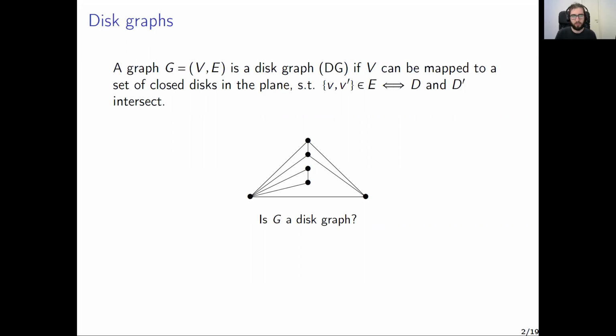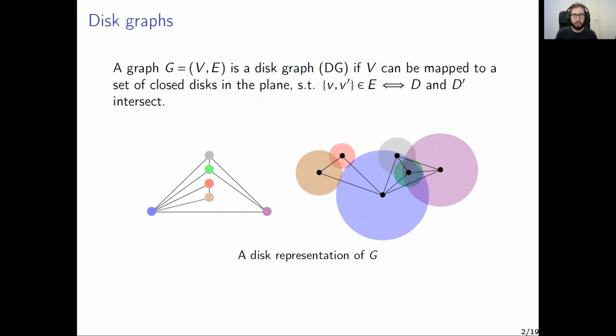So here we are given a graph G, and we can wonder whether G is a disk graph. And it is indeed, because we can find what is called a disk representation of G. So here, each vertex is mapped to a disk in the plane. For example, the blue vertex is mapped to this blue disk. And let's take a pair of adjacent vertices in the graph, for example the blue and red vertices.